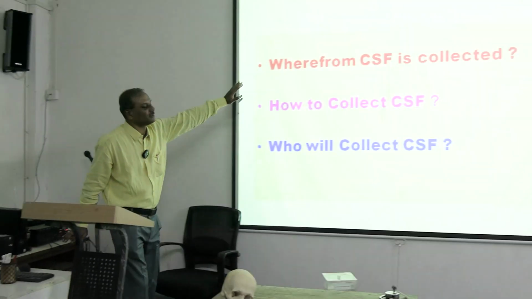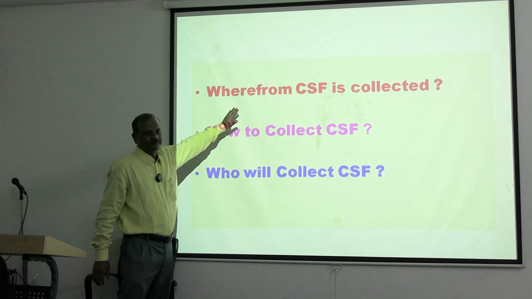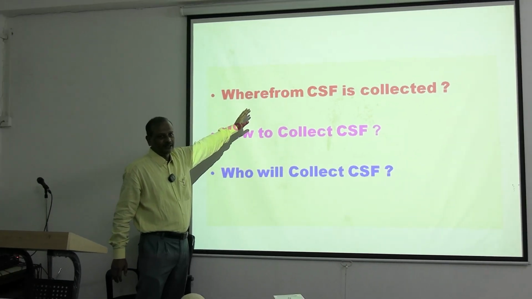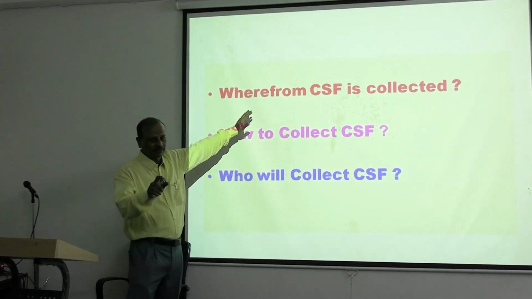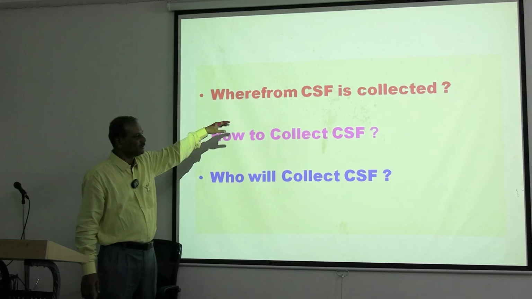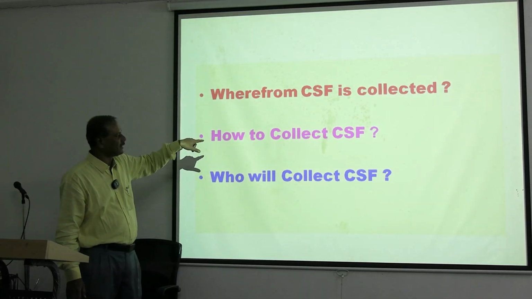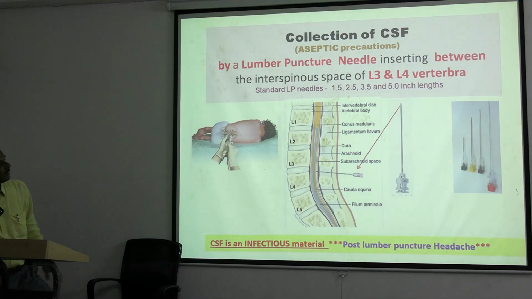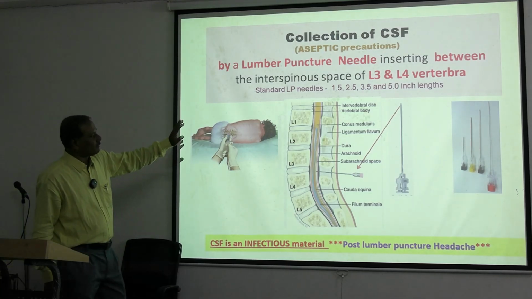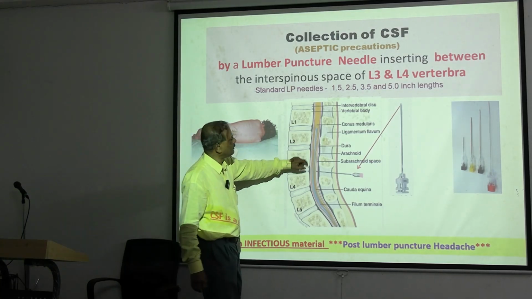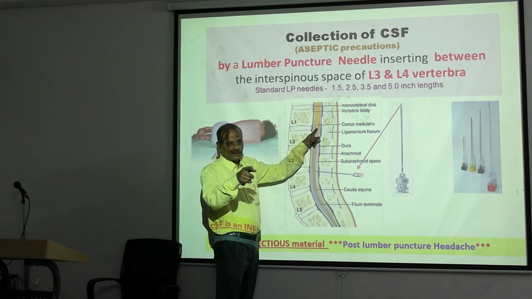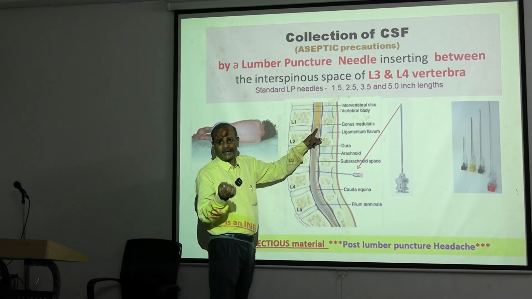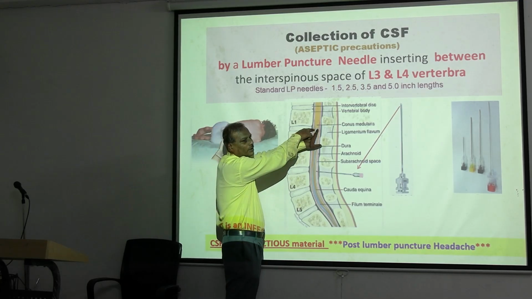This is lumbar puncture. Basically, it is punctured from the lumbar region, at the L3, L4 vertebra, the interspinal space of L3, L4. Why is it from L3, L4? I am telling you. The spinal cord, as you have seen, ends at the lower border of L1.